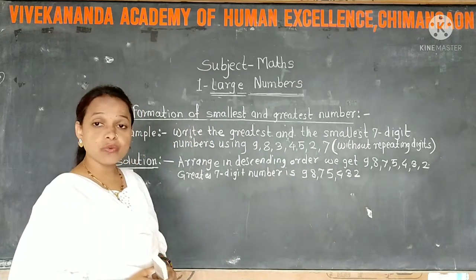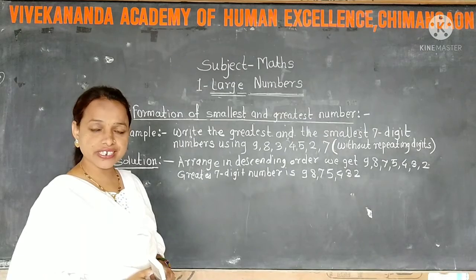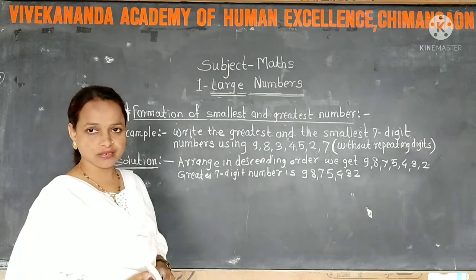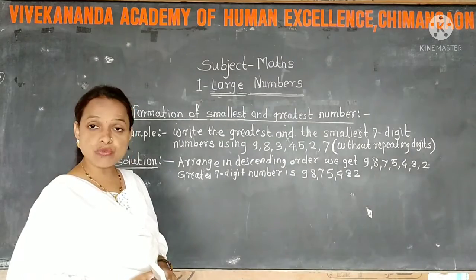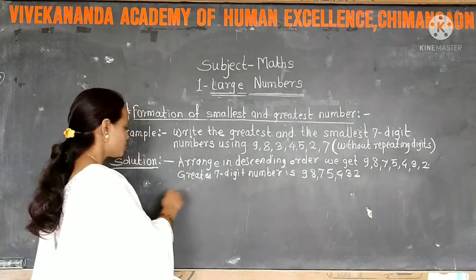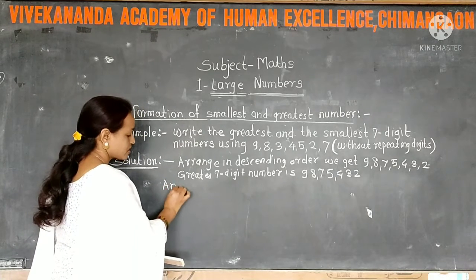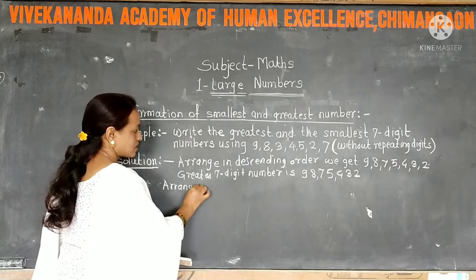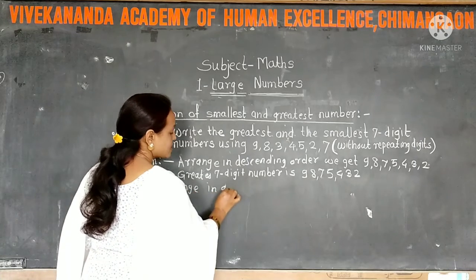Now we will arrange the given digits in ascending order because we have to write the smallest 7-digit number. So here we arrange the given digits in ascending order.